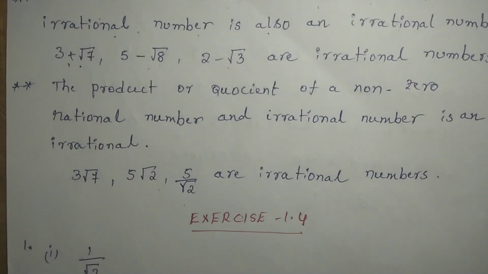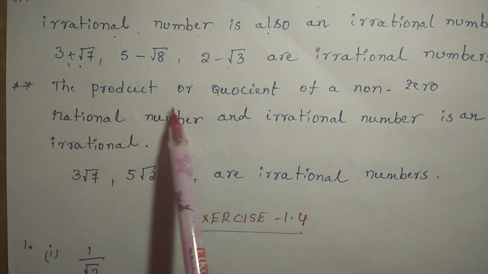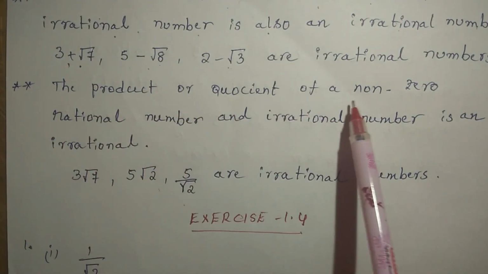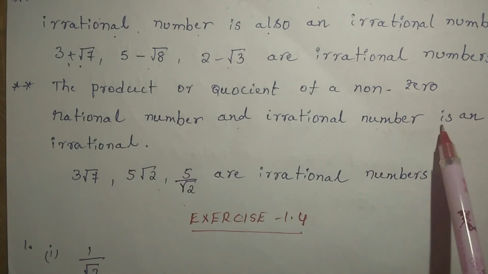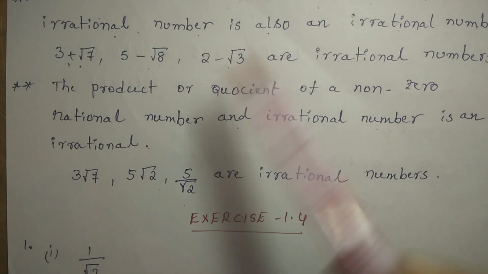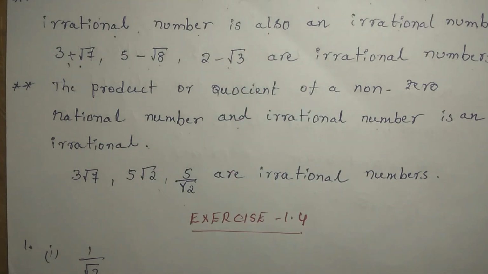Another property: the product or quotient of a non-zero rational number and an irrational number is irrational. Before, we learned that the sum and difference of a rational and an irrational is irrational.